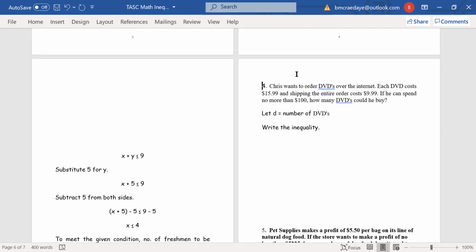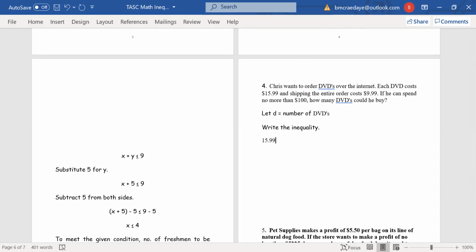It'd be like the 15.99. Okay, so you want me to write 15.99. Then you have to put in the cost of the shipping, similar to what we had just now, right?